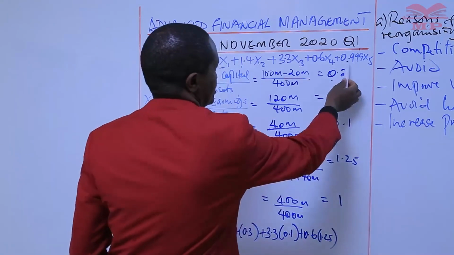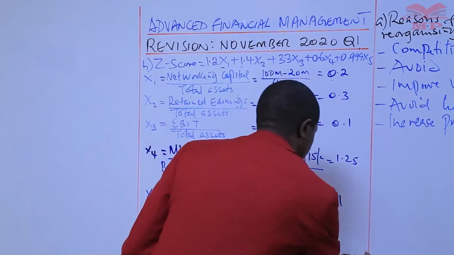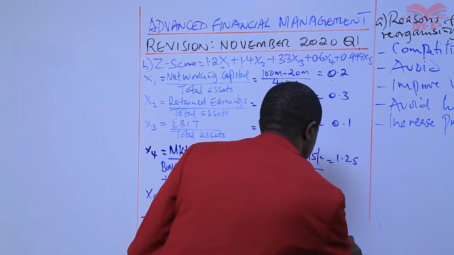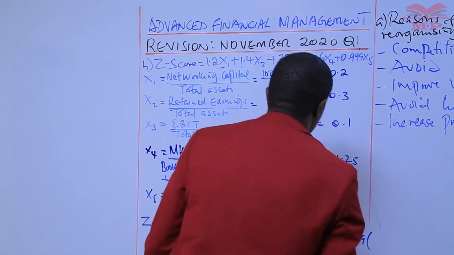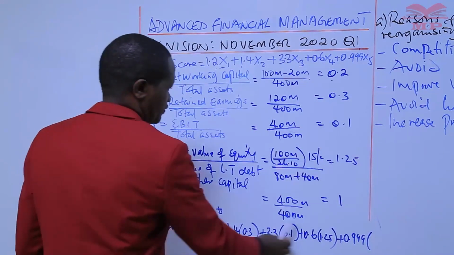Then lastly 0.999 times x5. Our x5 here is 1.